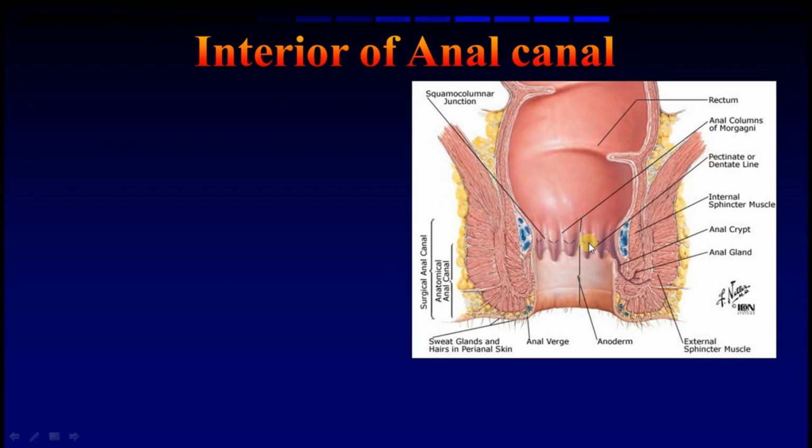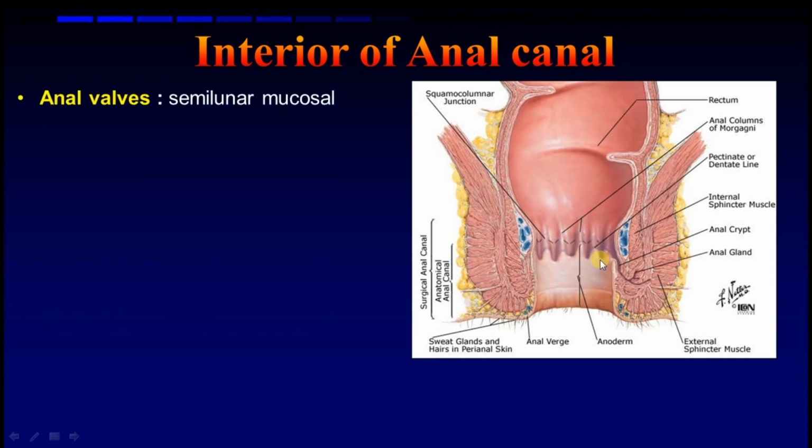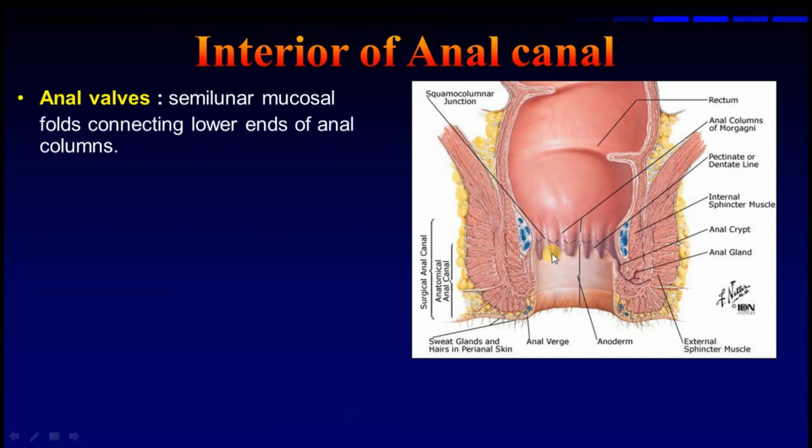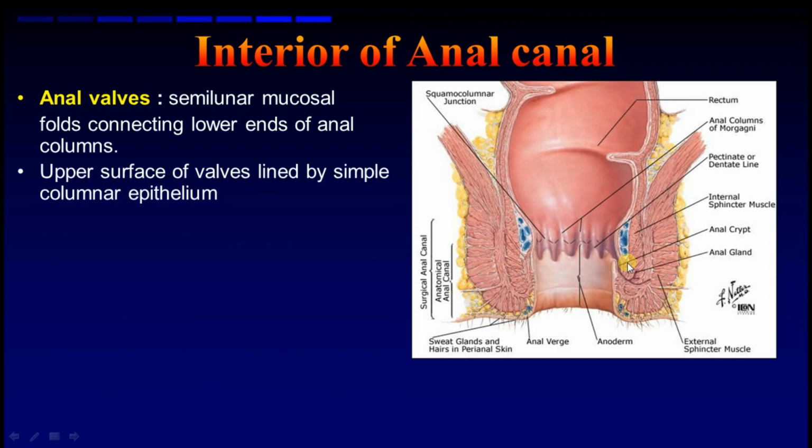Okay. So what happens is these anal columns below are connected by the anal valves. Okay. So semilunar mucus folds, these folds are actually called the anal valves. The upper surface of the valves is lined by simple columnar epithelium.